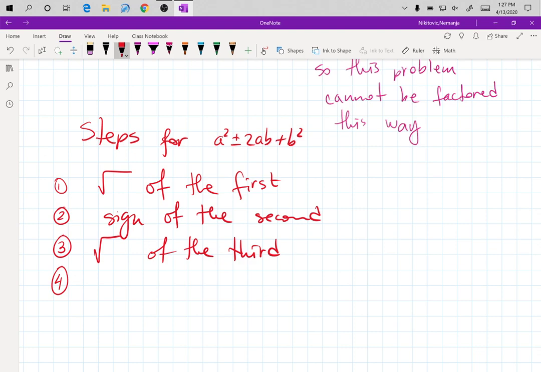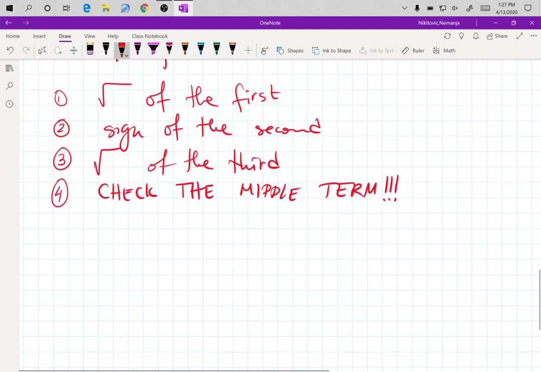Number 4, this is the most important: check the middle term. Let's do it. So you absolutely must check the middle term, otherwise there are issues.